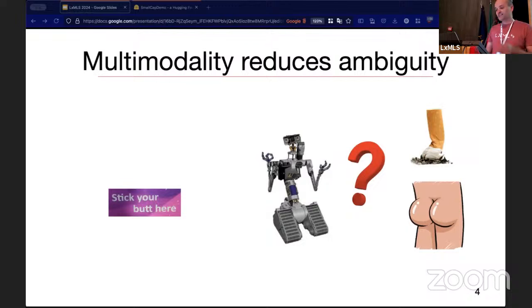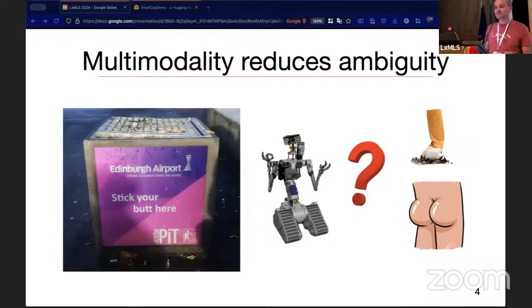But Johnny 5 is able to see a little bit more than this. And so he can see that while it does indeed look like a seat, it is an ashtray outside of an airport. And this is the type of thing where if Johnny 5 could only see and read text, he would be unclear about what to achieve in this process.